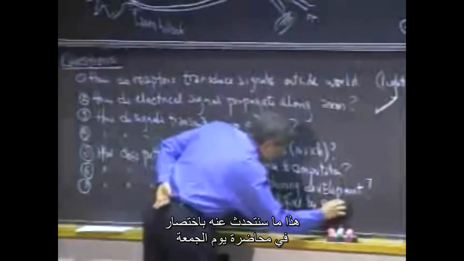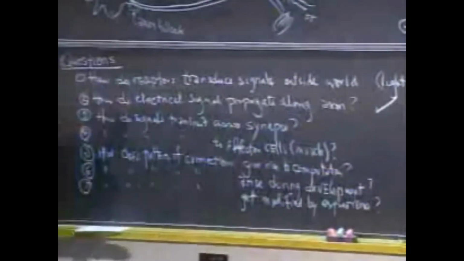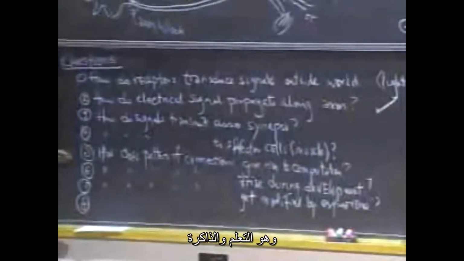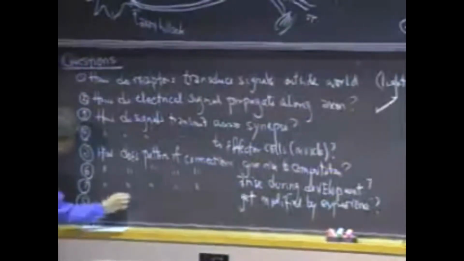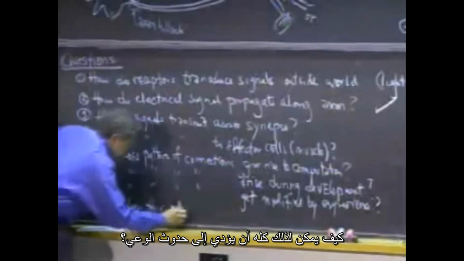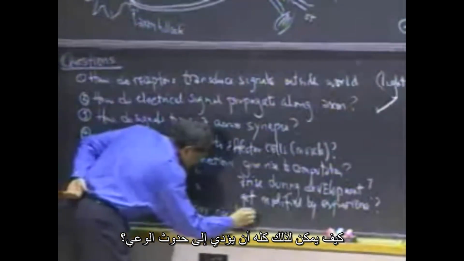That's something that we'll mention briefly in the lecture on Friday that a colleague of mine who's very knowledgeable about this is going to give. And that's learning and memory. And then, how does this all give rise to consciousness?